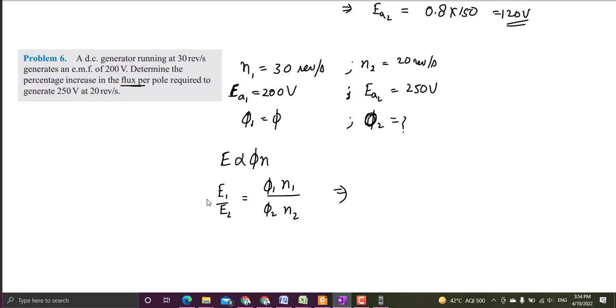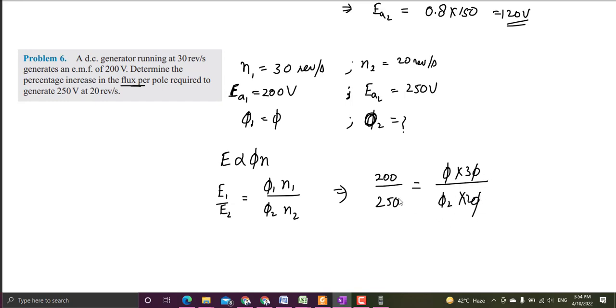E1 is 200 volt, E2 is 250 required, phi 1 is phi, N1 is 30, phi 2 I have to find, and N2 is 20.